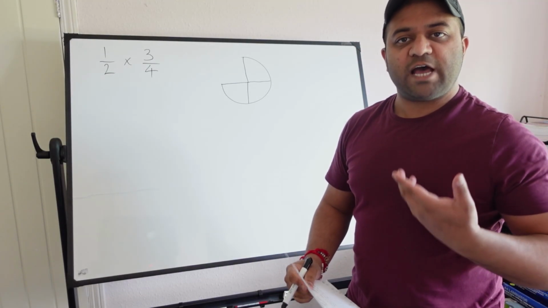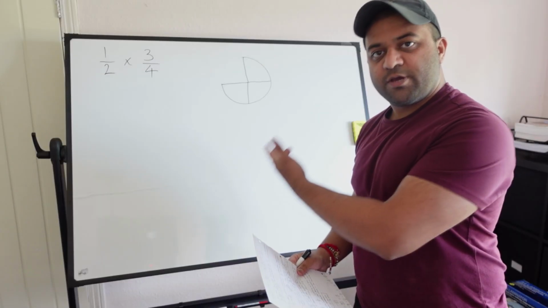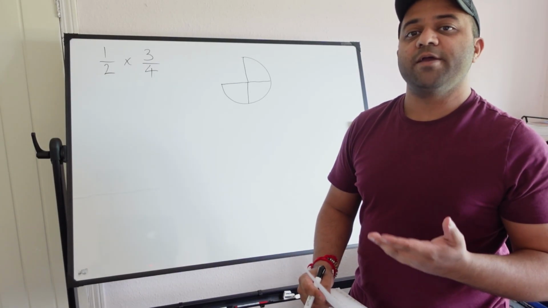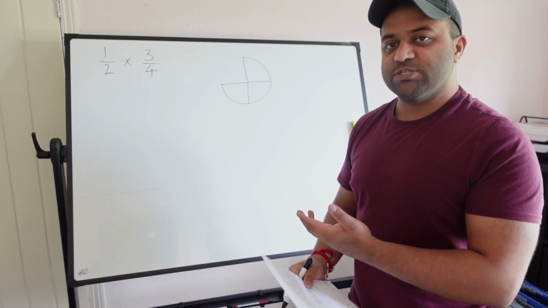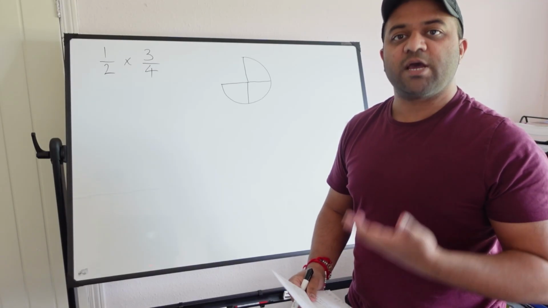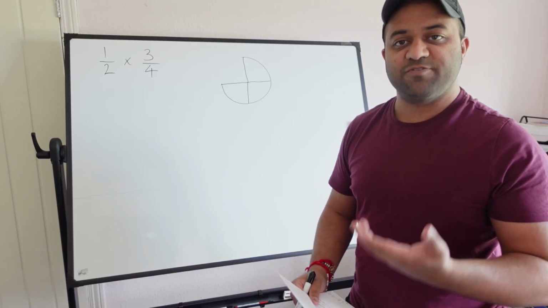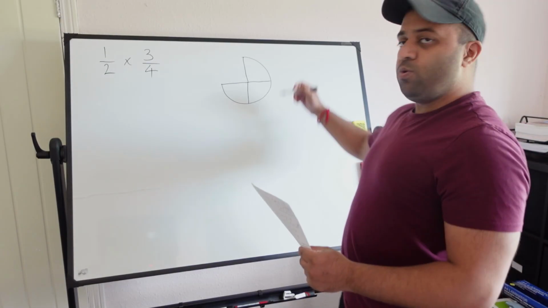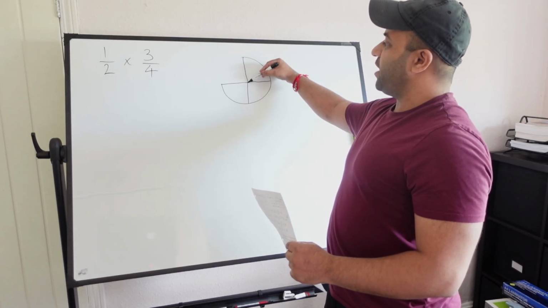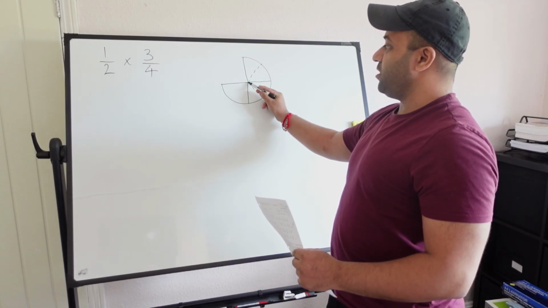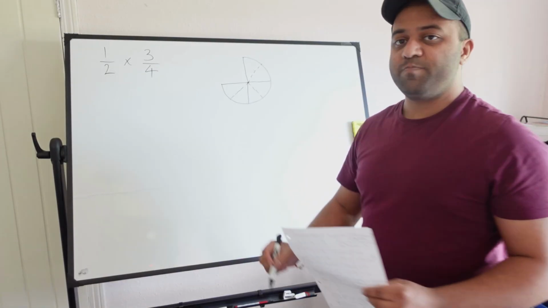Now, if I want to have half of this 3/4, I can begin by splitting each of the quarters into 2 pieces. As we remember, a half of something is the same as dividing by 2. So, this quarter can be split in half, this quarter as well, and this quarter as well.